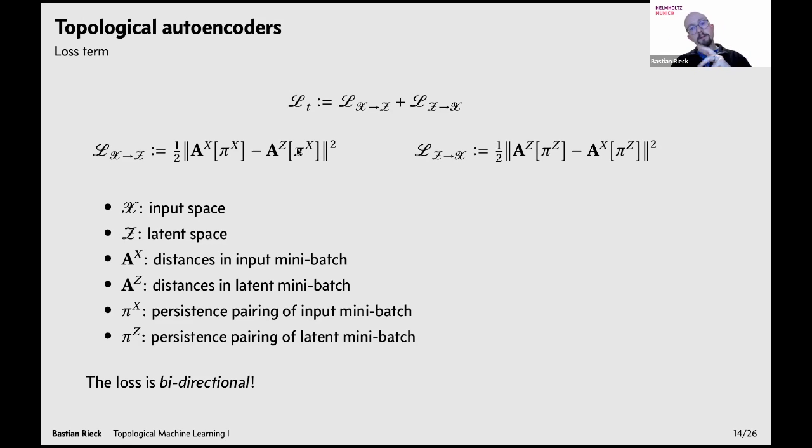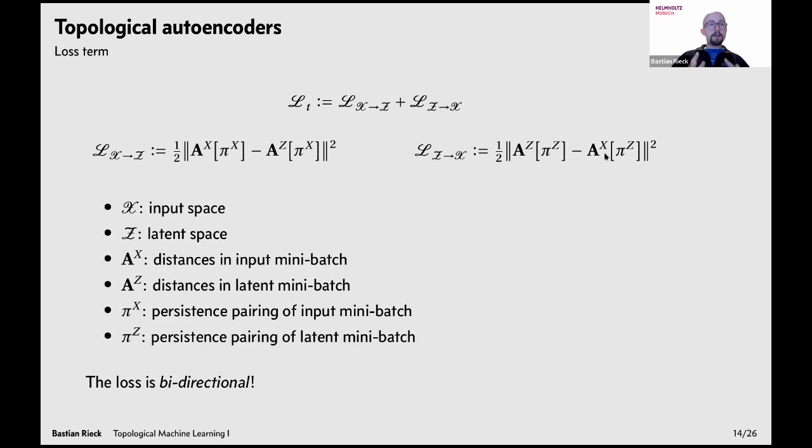And now, vice versa, I should say, it works for the loss term that goes from Z to X. So we take the distances in the latent mini batch, A_Z here. We subset them using the persistence pairing of the latent mini batch, and we subtract the subset matrix of distances in the input mini batch again.